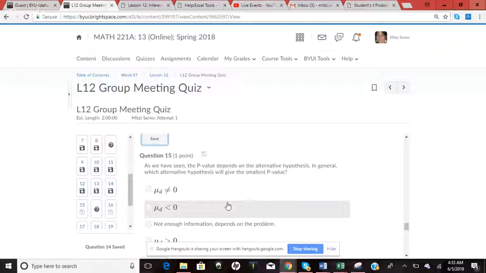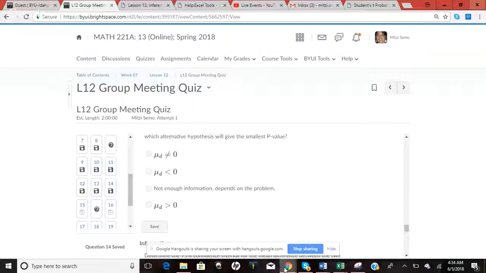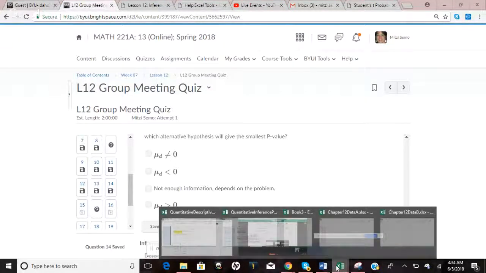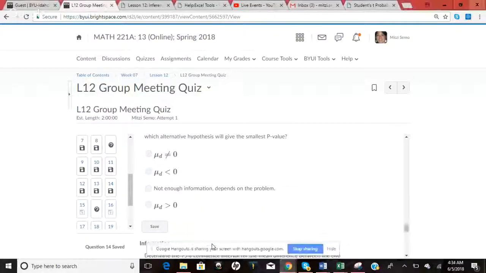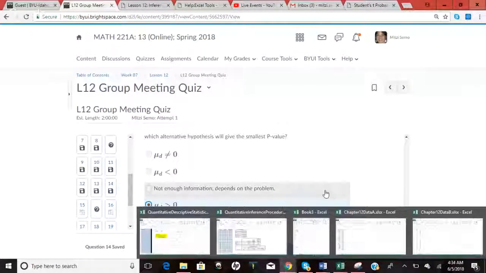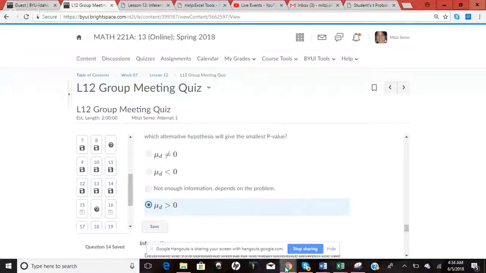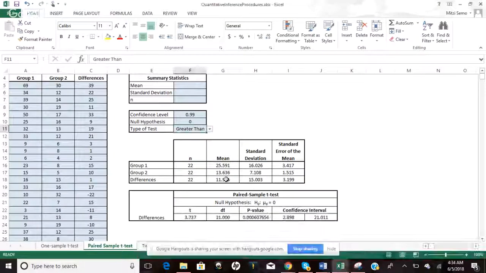As we have seen, the p-value depends on the alternative hypothesis. The smallest p-value actually came from the greater than, right? Yeah, so that would be the last one. Because when we did the not equal to, it was a little bit higher. Does it depend on the problem?